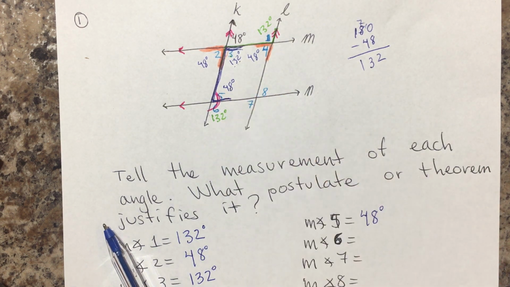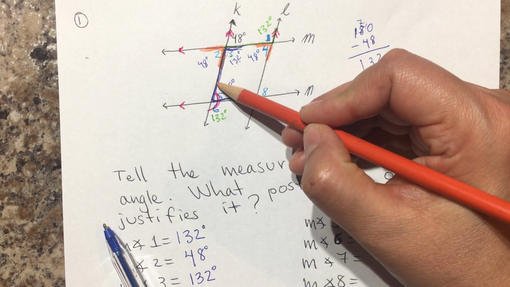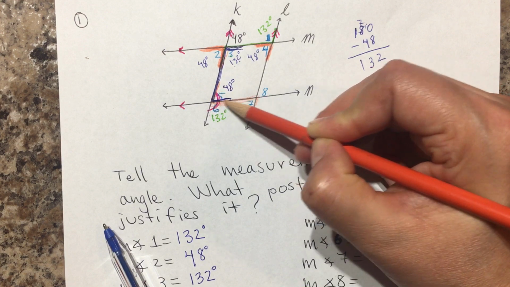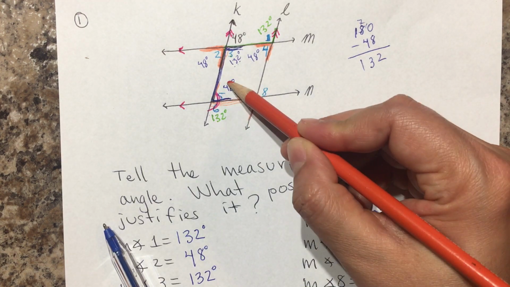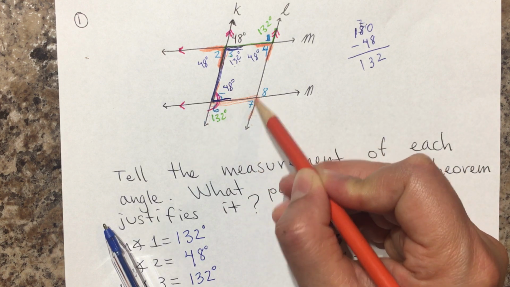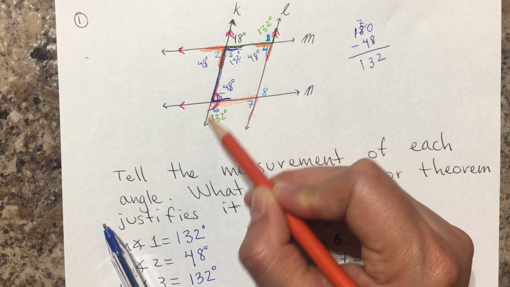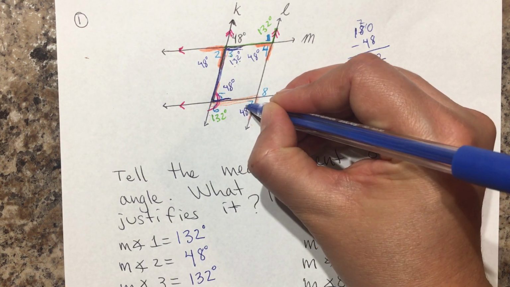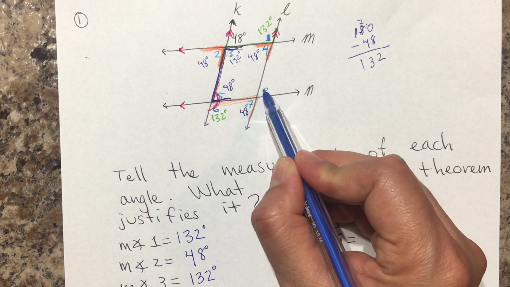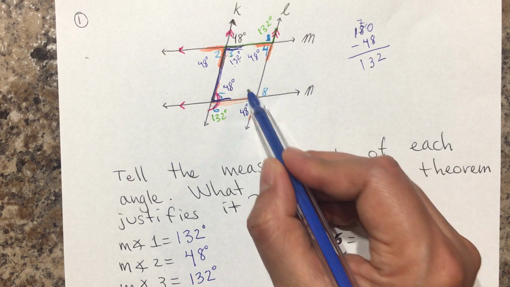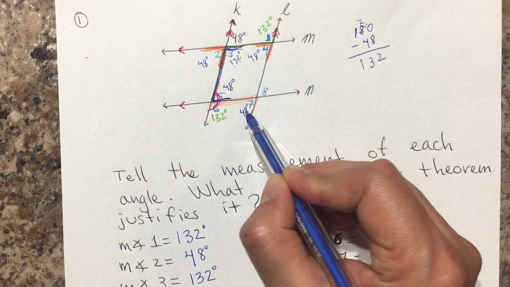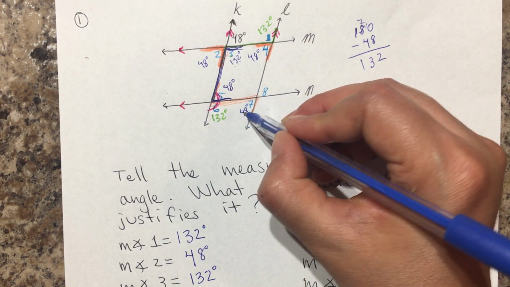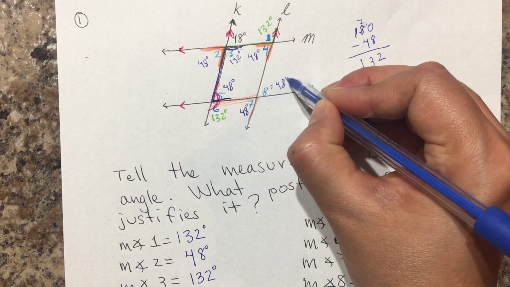For this one, I can do one of two: the Z, which is congruent, the same measurement, or I can do the letter C for same side. Either one is going to give me 48 degrees. One is on top, one on the bottom, and this is congruent to this one. So if this is 48, this is going to be 48 degrees.